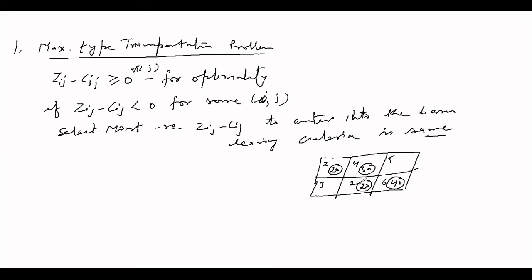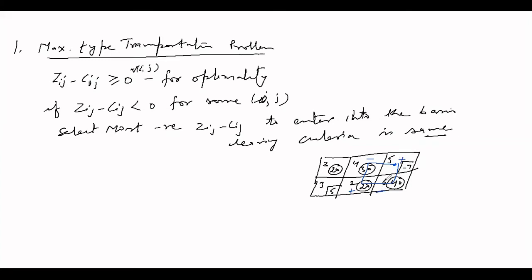So this is one of your basic feasible solutions, and say Zij minus Cij is minus 7 here and 5 here. So in this case you will select the most negative Zij minus Cij. So you will select this one, and then you enter this cell 1 3 into the basis, construct a loop, and mark positive, negative alternatively.